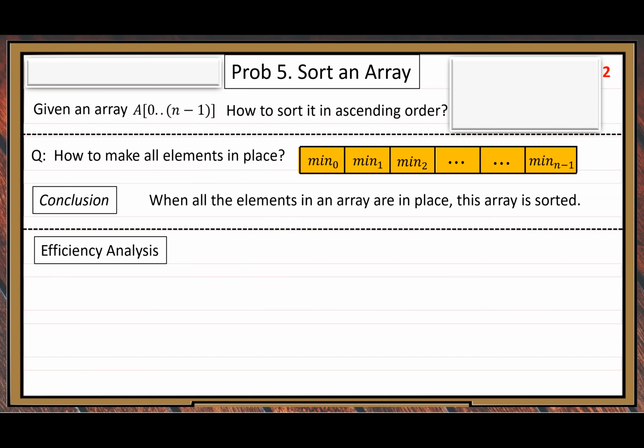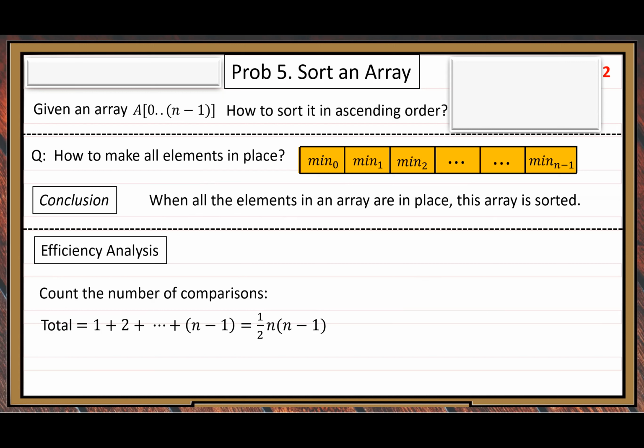Efficiency analysis. Let's count the number of comparisons we need for this sort algorithm, for the best case, for the worst case, and for the average case. Let's answer this question.